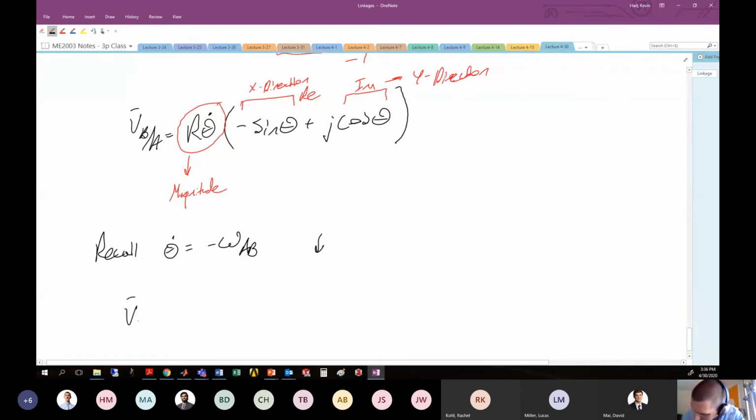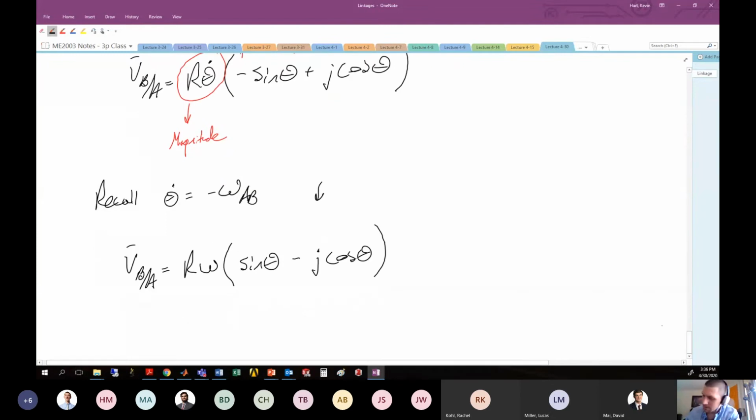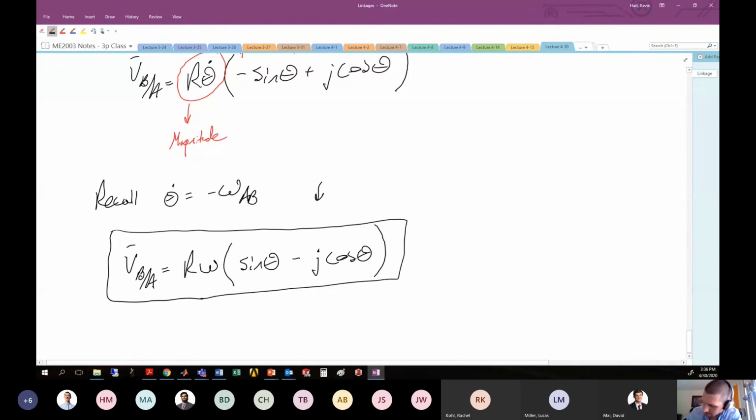And then the velocity of B with respect to A is going to be r omega times, I just flipped the sign on these, sine theta minus j cosine theta. So this is your complex representation of the velocity at B relative to A. This is a vector form.